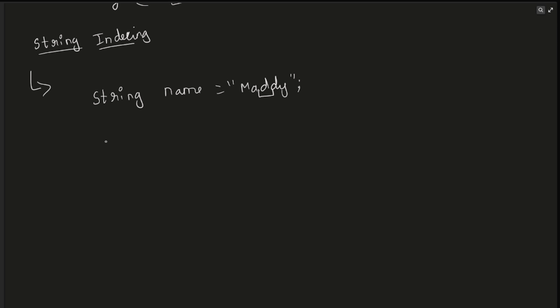We can use the charAt method, which is a string's built-in method. Let me just show you how we can print. We need a reference variable followed by a built-in method, which takes the position value of the character. In this case, it is the third character. As we have discussed, in Java, indexes start from 0. Since we need to access the third character, we need to pass the value as 2. This will return the output of D.